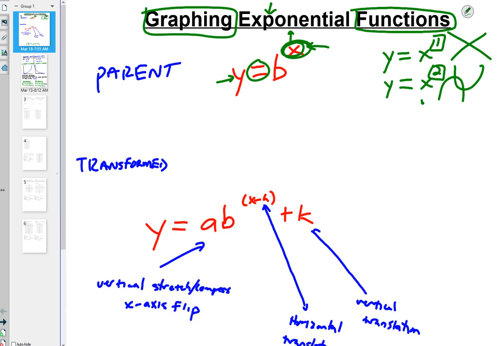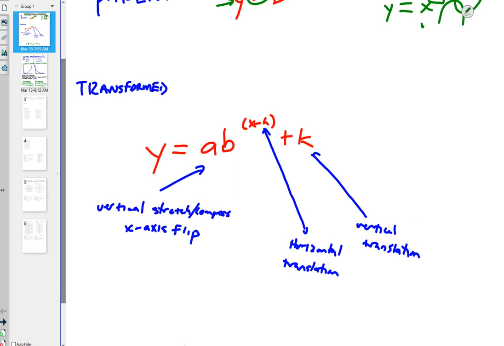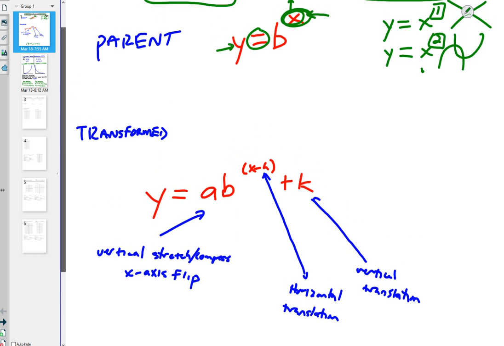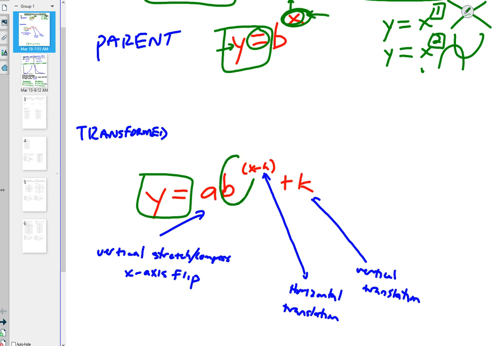The reason for this is so that you know where to find A, H, and K. I want you to compare and contrast. Compared to what I just finished talking to you about, what do we still see? We still see a y equals. We still see a base with the x.